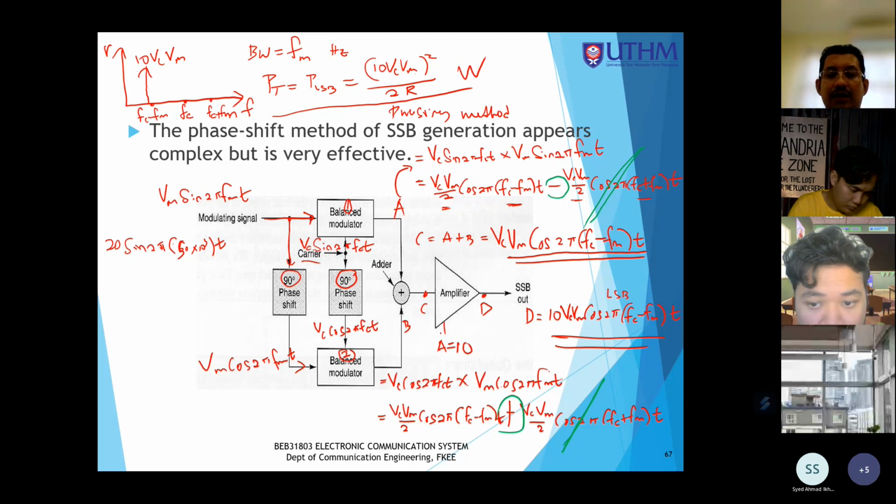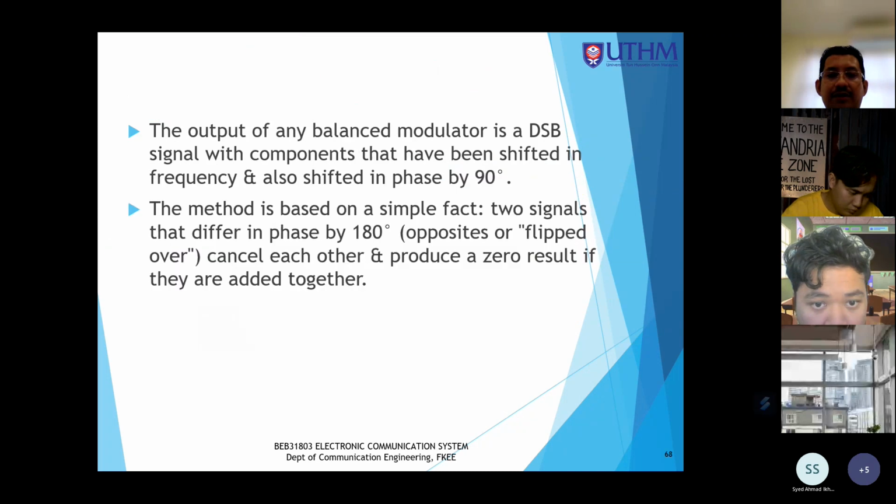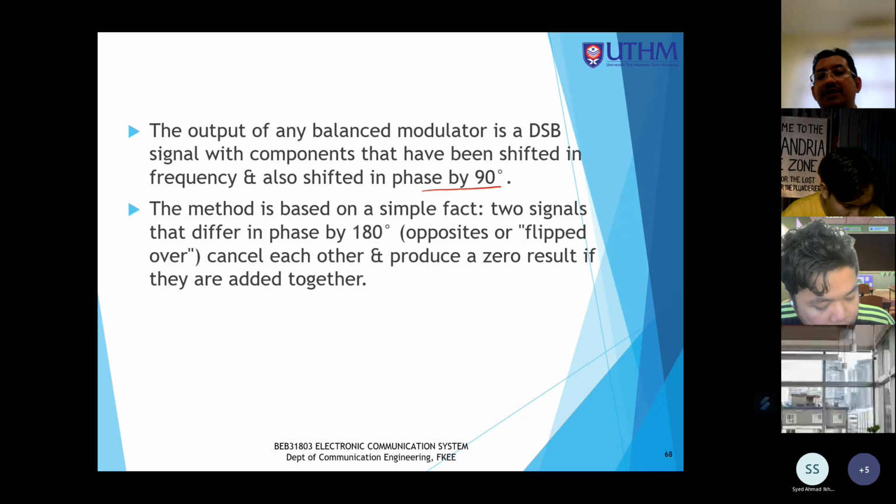So kalau tidak ada soalan, saya akan pergi kepada topik seterusnya. So ini ada diterangkan di sini bermakna kalau phase shift 90 degree, sine wave akan jadi cosine. Okay, so macam mana phasing method ini secara teorinya dia akan berlakunya 180 degree phase shift.